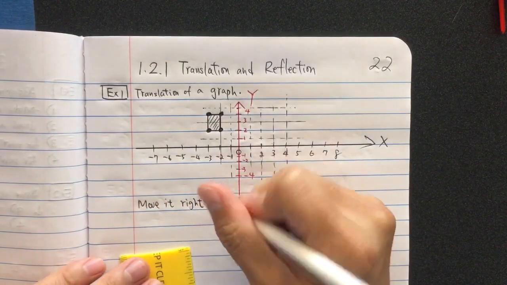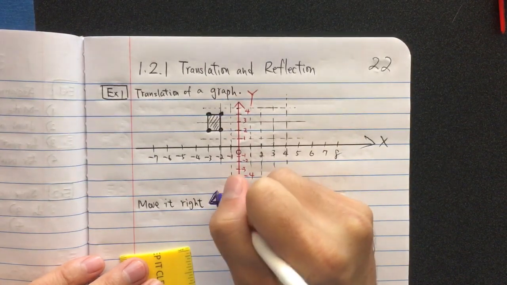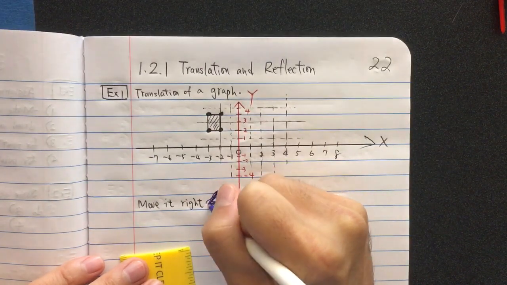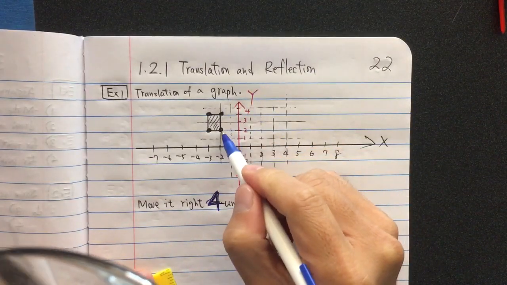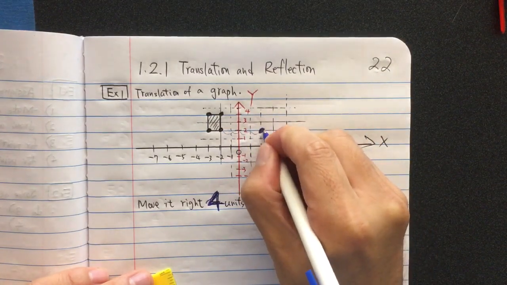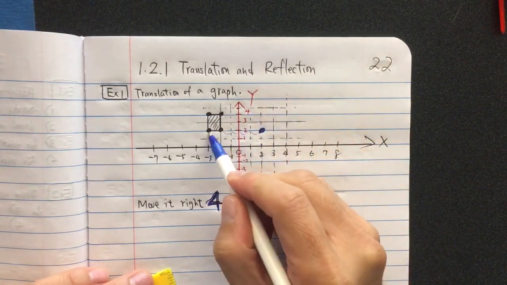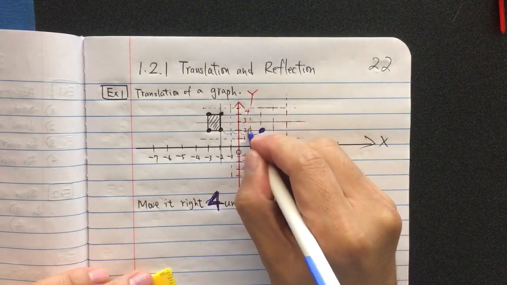Now, ladies and gentlemen, I will use blue. Let's move this point 4 units: 1, 2, 3, 4. So this point will be here. How about this one? We need to move it 1, 2, 3, 4.